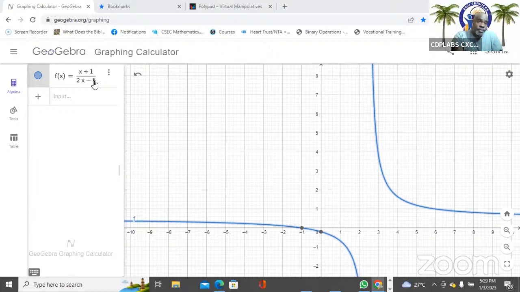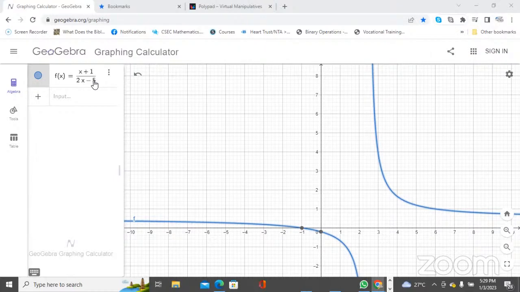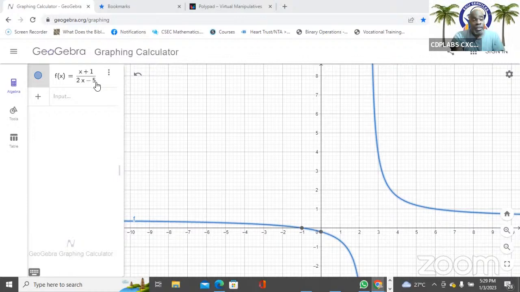Is that clear? So there's no way the denominator can be 0. Otherwise, if it works out to be 0, then the graph is going to be undefined. Make sense?